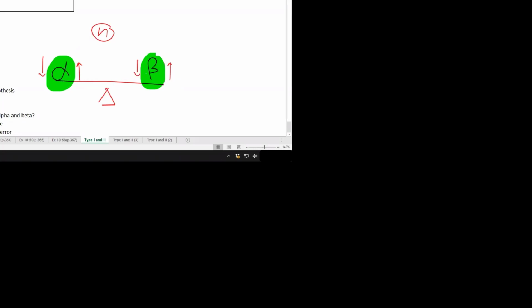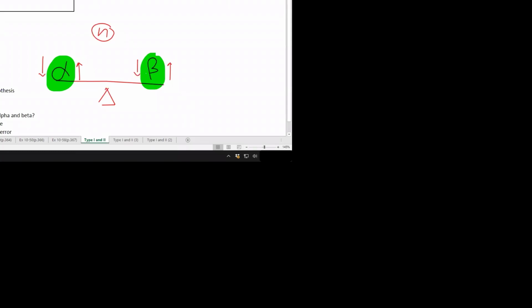All right. So, you see a matrix here where you have the actual condition, which is unknown at this point. The actual condition could be that the null hypothesis is true, or that the alternate hypothesis is true, right?